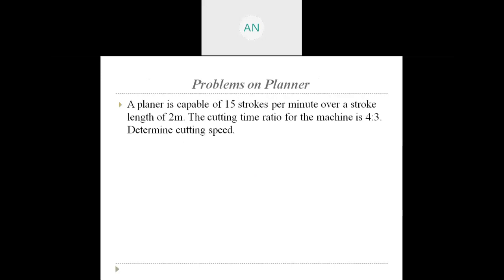So the length of the stroke is 2 meters, and within a minute it can perform 15 strokes. The cutting time ratio for the machine is 4:3. They ask you to calculate the cutting speed.